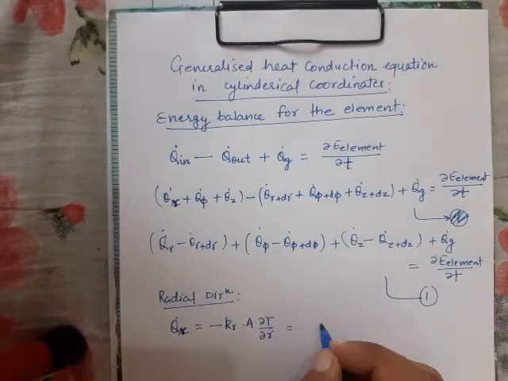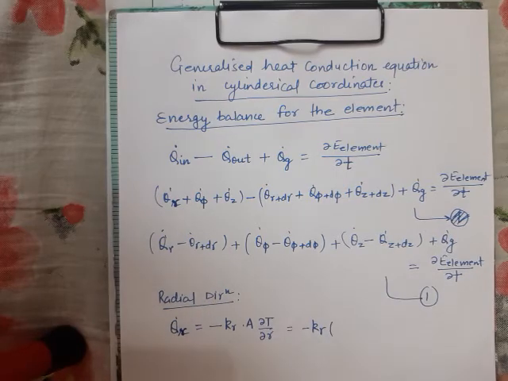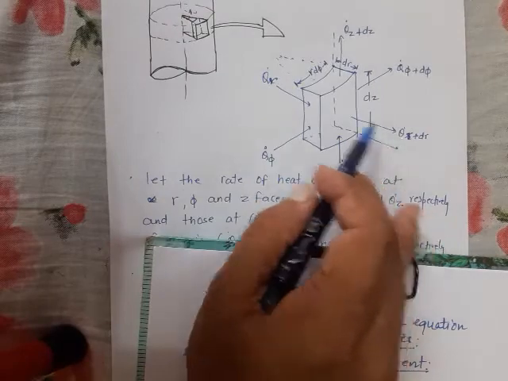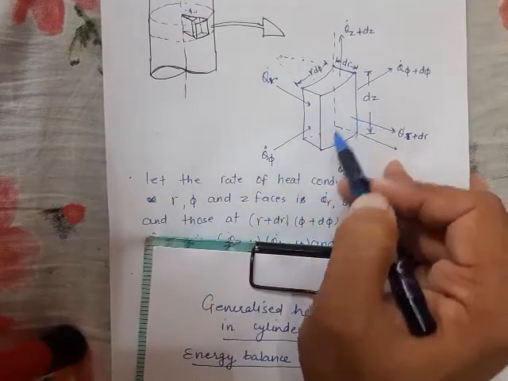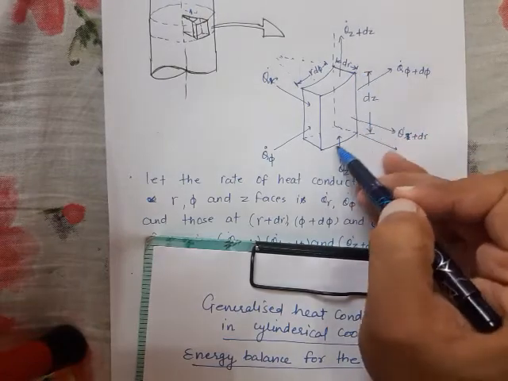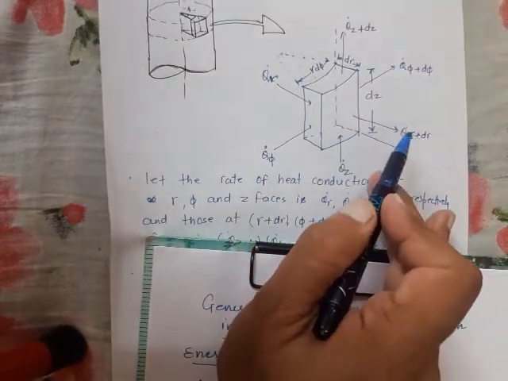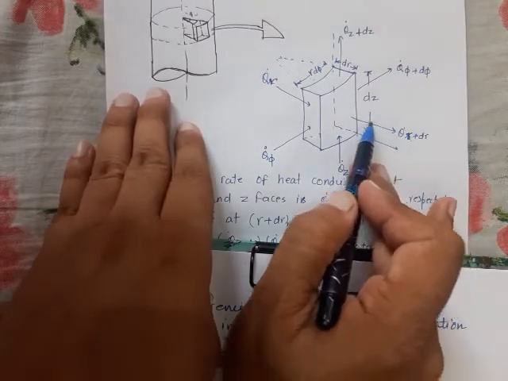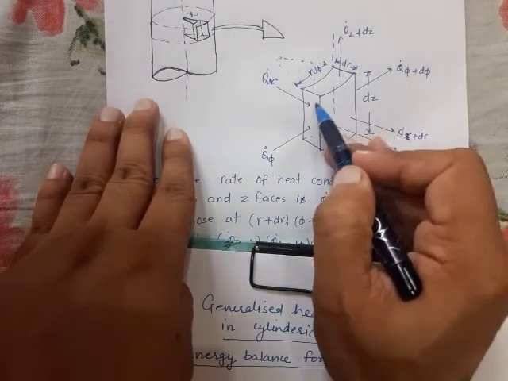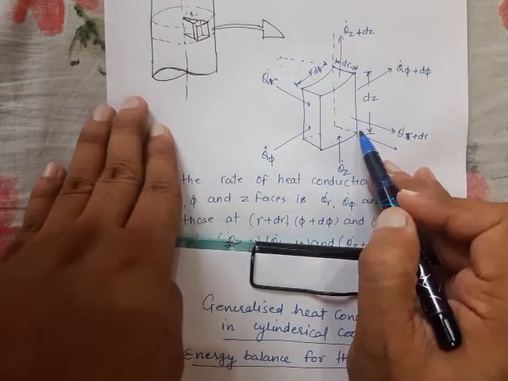Now minus K R, area. What area do you have to take in this case? You have to take the area perpendicular to the radial direction, which is the area of this face only. Please note, the area of the element perpendicular to the direction of heat transfer is the area of this face, and this area would be R d phi multiplied by dz. Please note this point very carefully.